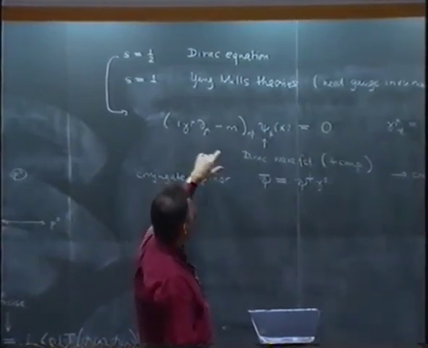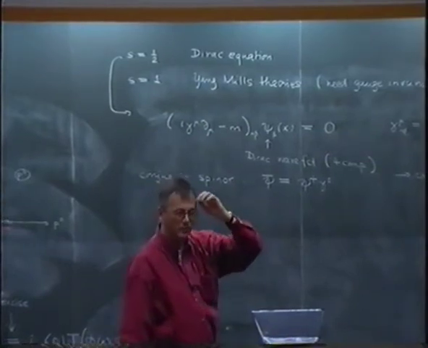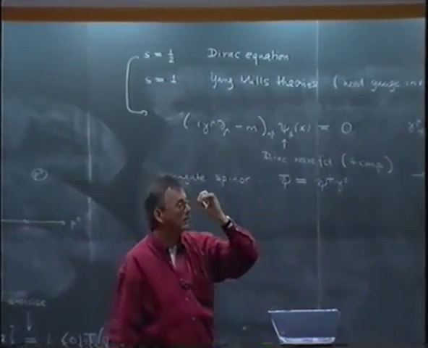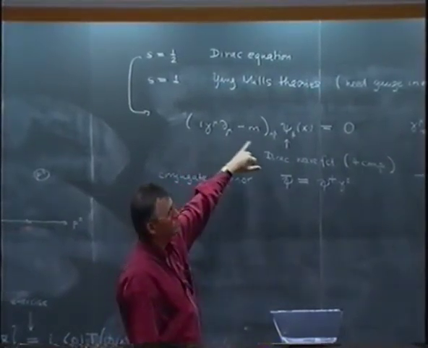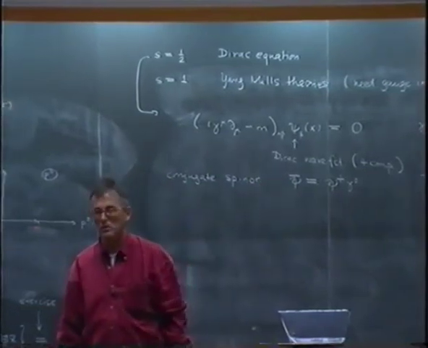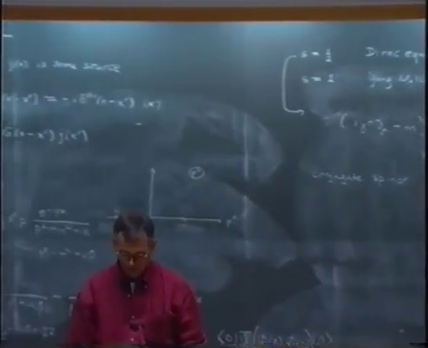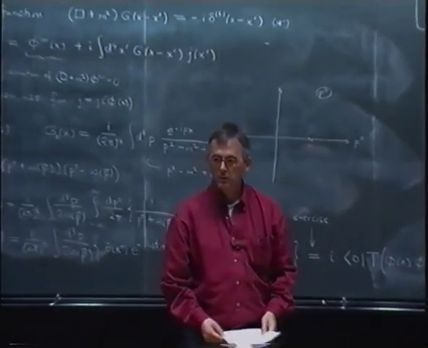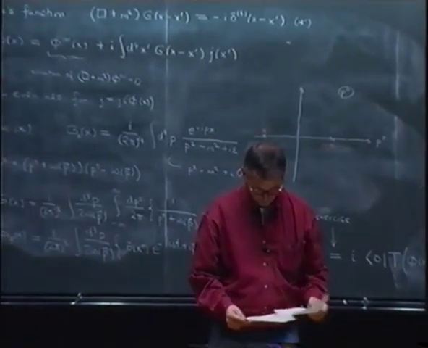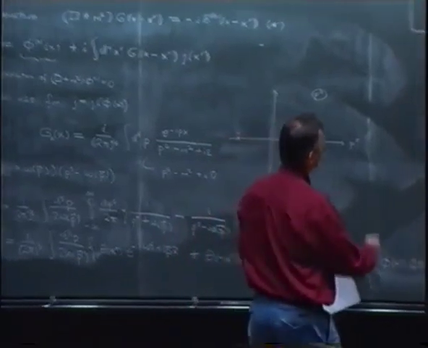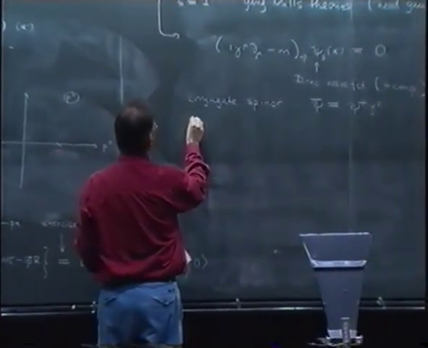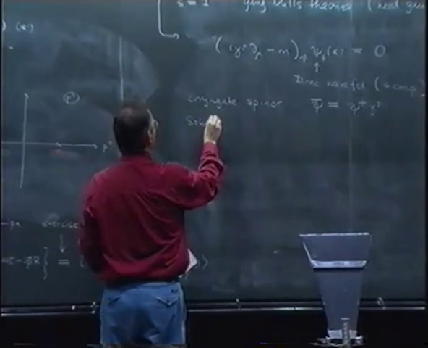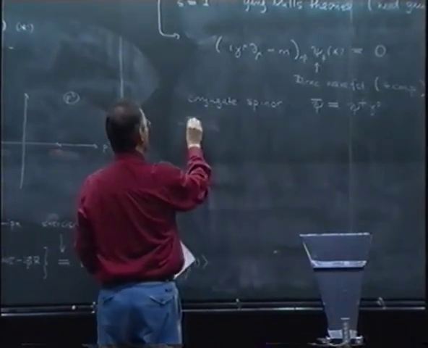So we go to Fourier space and solve this equation there. Then we just have gamma mu p mu minus m. It's just an ordinary matrix equation. Again, this solution will be supported on the mass shell, the hyperbola p squared equals m squared. And so we get two kinds of plane wave solutions.